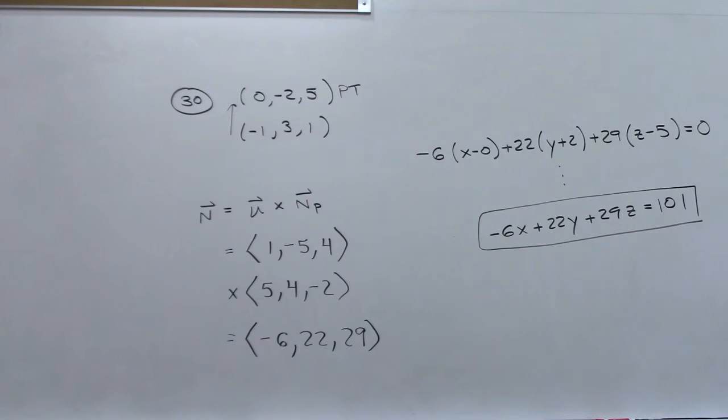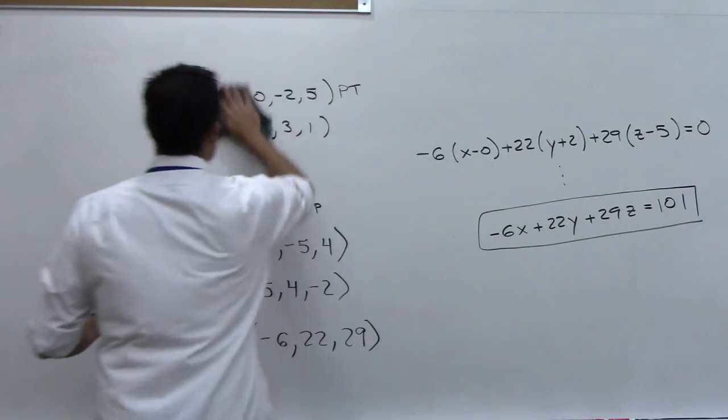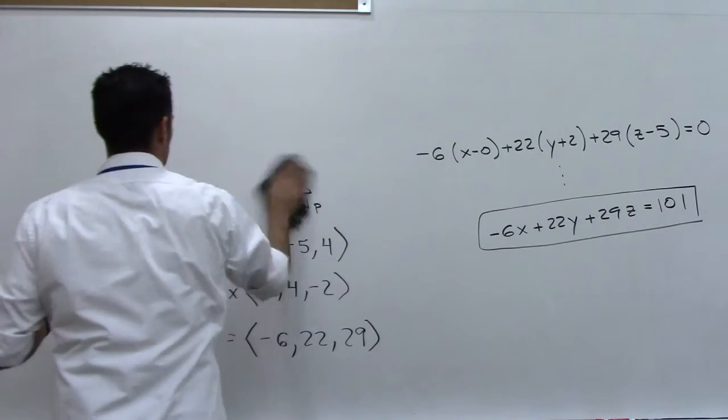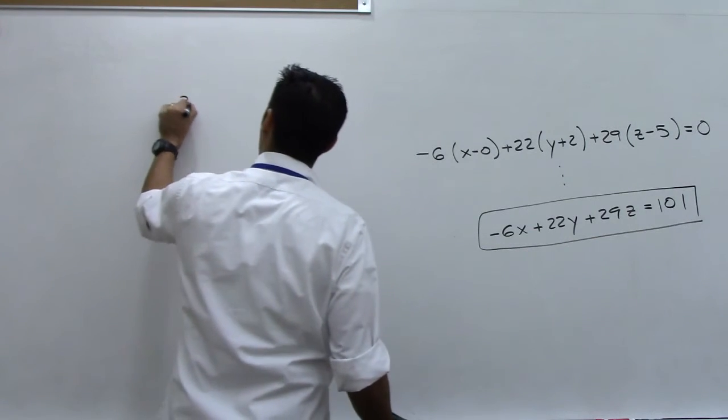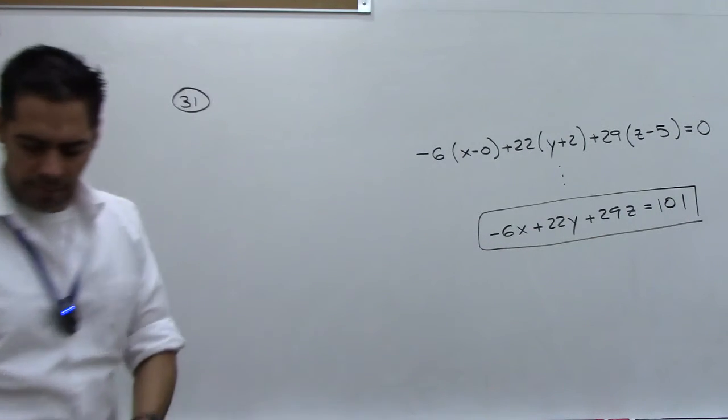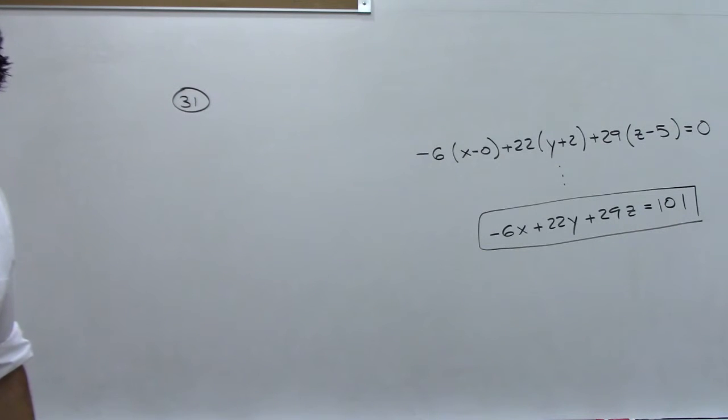So cool. How am I doing on time here? Trying to get through 31 and 32. So on 31, let's see if I can maybe help you get this without me doing it.